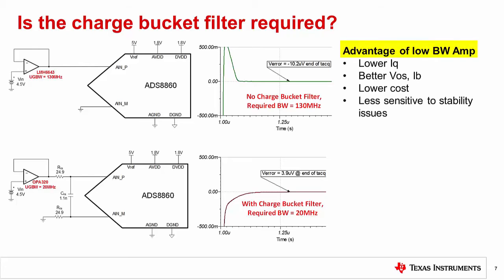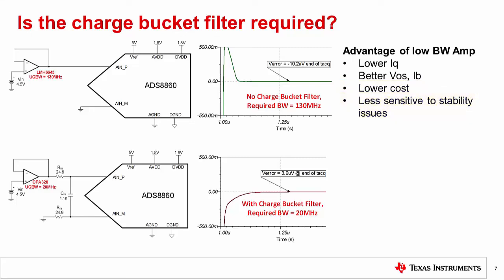In general, it is recommended to use lower bandwidth amplifiers if possible, assuming the settling is adequate. The reason is that the lower bandwidth amplifiers tend to have lower quiescent current, better offset, and lower input bias currents. Furthermore, these devices may be lower cost and are often less sensitive to stability issues.